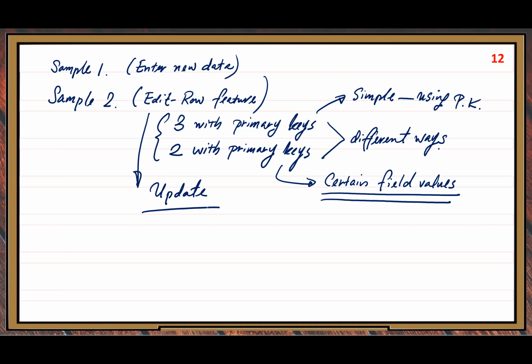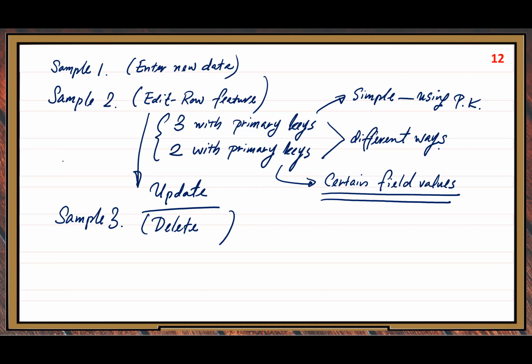And another case, sample 3, delete. But after we complete sample 2, it should be easier, because for delete we can identify the row using the primary key values.